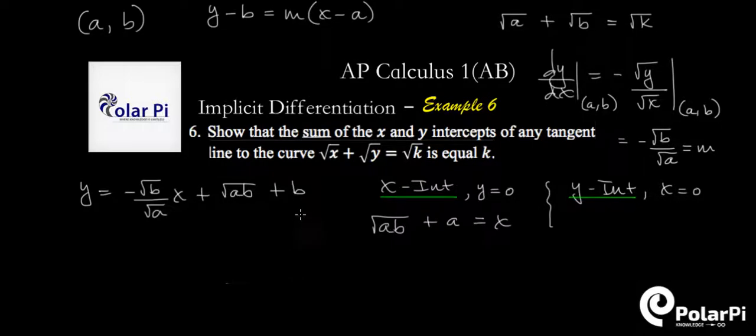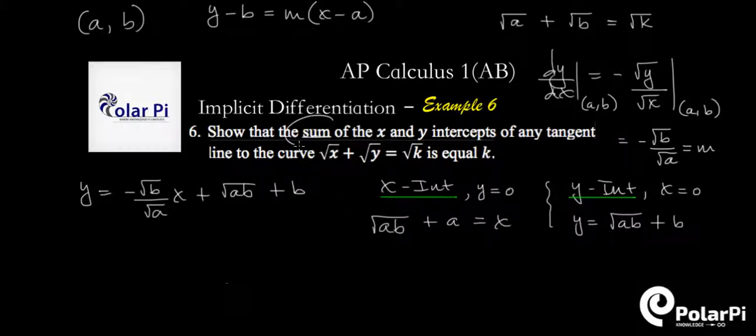And so what is that going to say? When x is equal to 0, I'll have y equal to, when x is equal to 0, and the equation to the tangent line here, this is x, and so when we make that 0, this guy goes away, and we'll just get y equals root AB plus b.